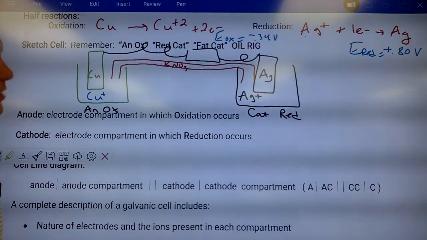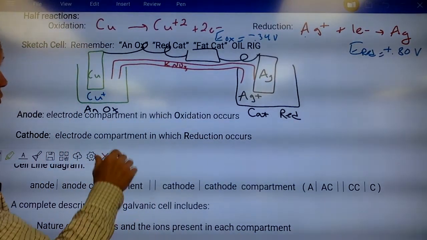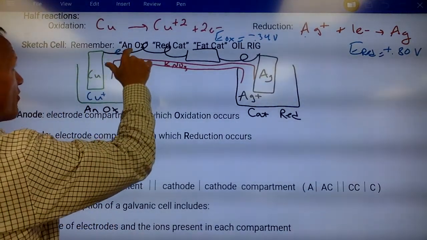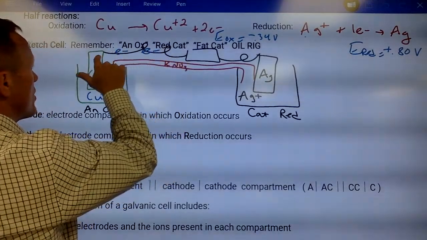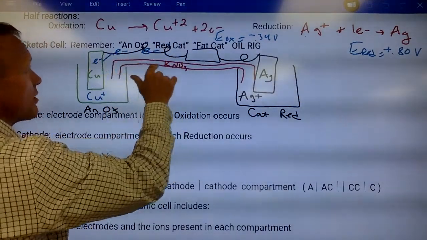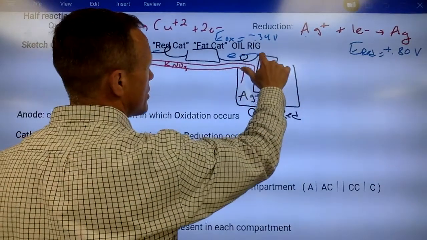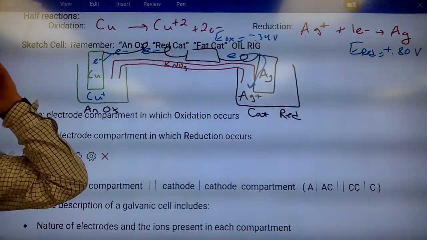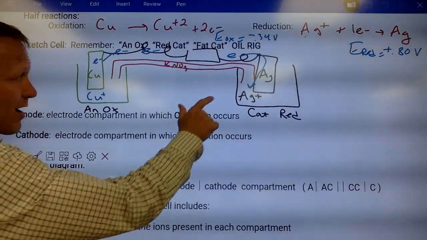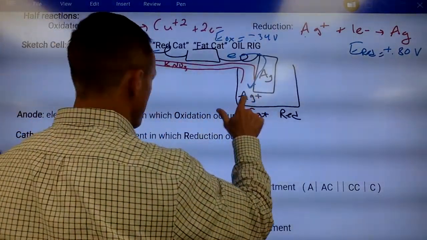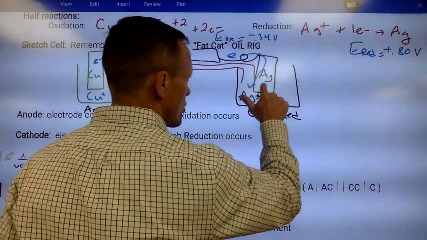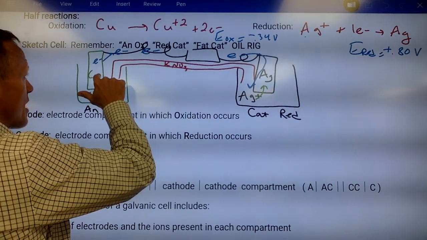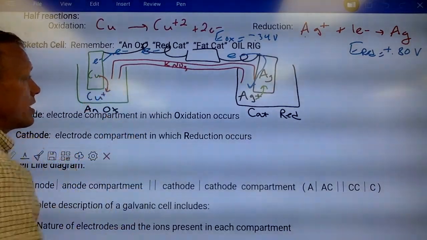Remember, electrons flow from the anode to the cathode, so electrons are going to flow that direction into that solution. Our silver ions are being reduced and turning into solid silver. Our copper is being oxidized. It's losing electrons and turning into aqueous copper.